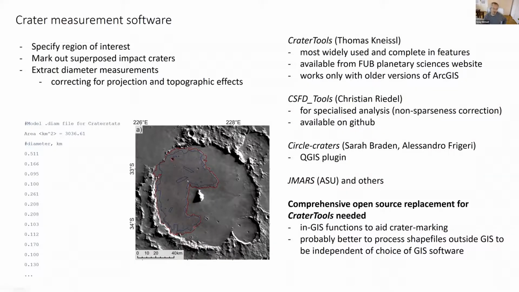Then you'll notice that in this blue region, there are some other parts which have been excluded. These are to do with secondary crater clusters that I'm not going to talk very much about today, but these are also something you have to worry about, because what we really want to count is the number of primary impacts, so impacts which are just objects falling from space and hitting the planetary surface.